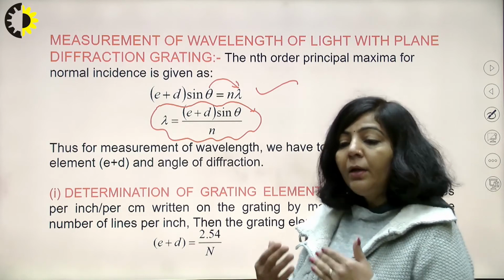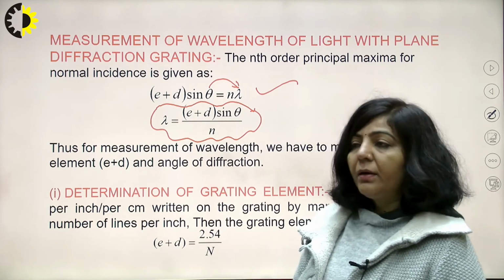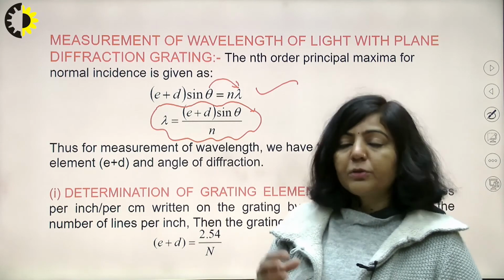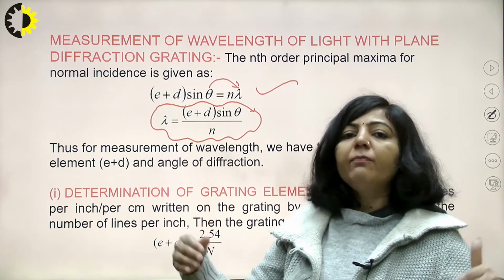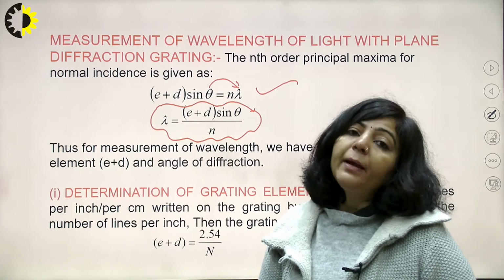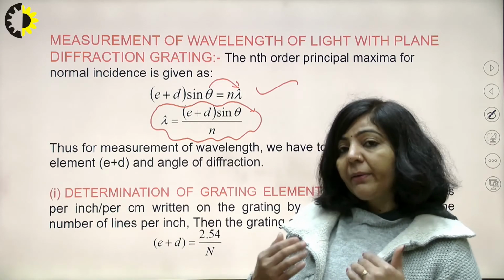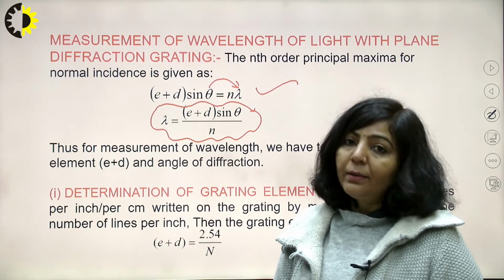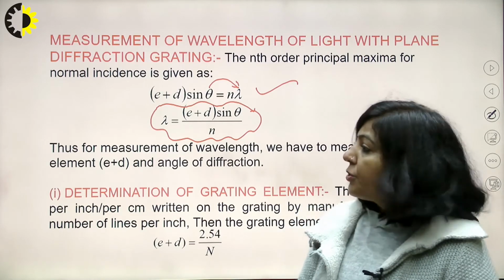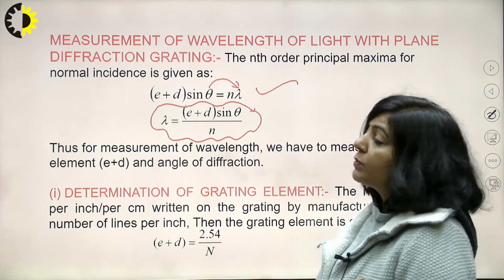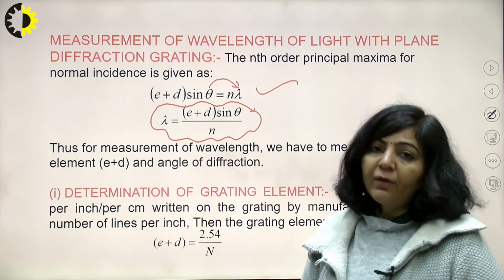That is the reason that when you see the spectrum of white light, you get the entire VIBGYOR pattern, and the color with minimum wavelength is diffracted least and the color with maximum wavelength is diffracted most. In this way, using this expression, you can find the wavelength of light.